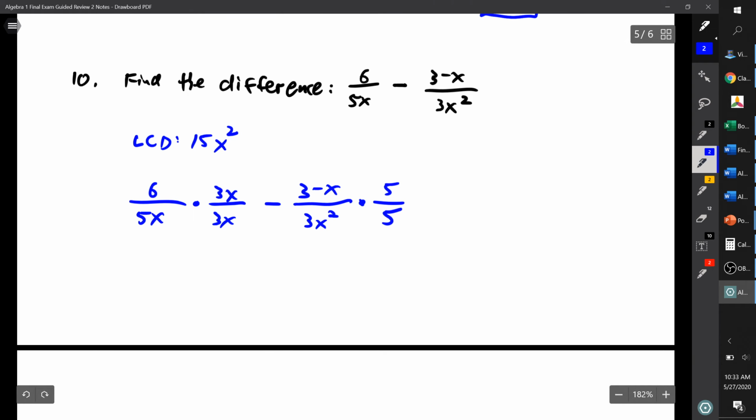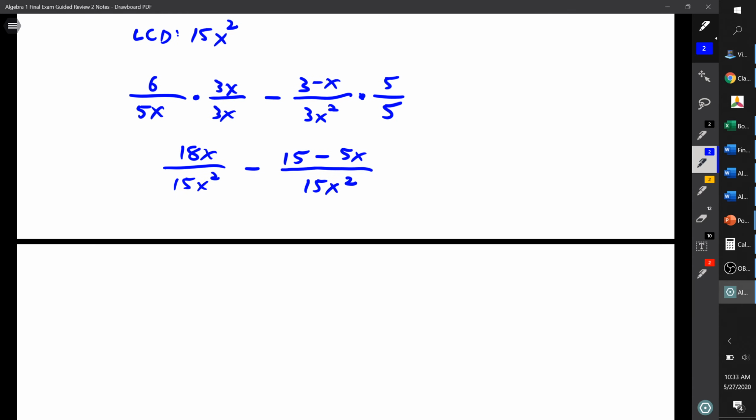All right, let's multiply this out and see what we get. My numerator here, 6 times 3x, that's 18x over 15x squared. Minus, so I need to distribute this 5. So 3 times 5 is 15 minus x times 5, so that's 5x over 15x squared.